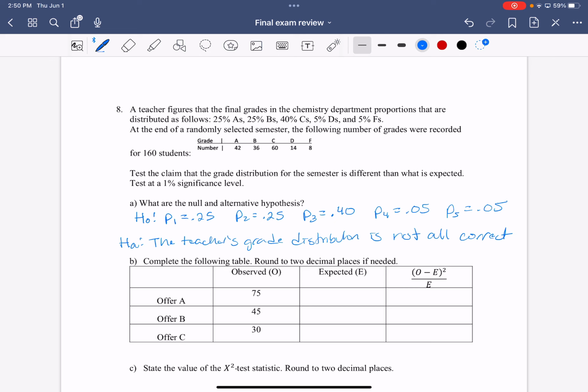It can't just be that at least one of the populations is different. We lose points if the answer is not in the context of the problem. So if we say at least one of the distributions of grades is not correct, since you said grades, that's the context. I don't have to say teachers. No.